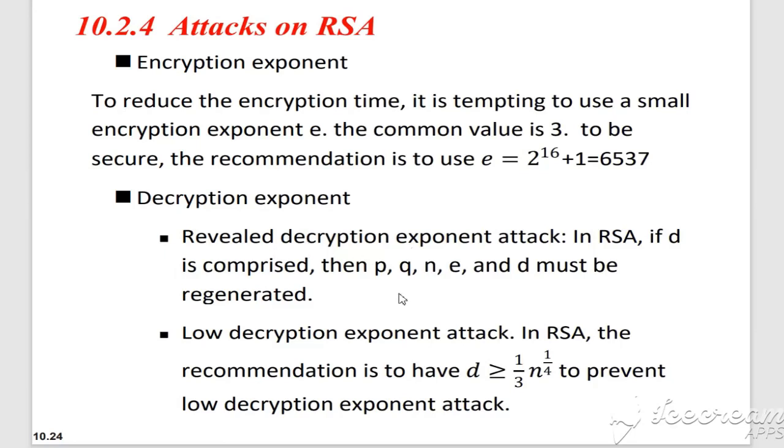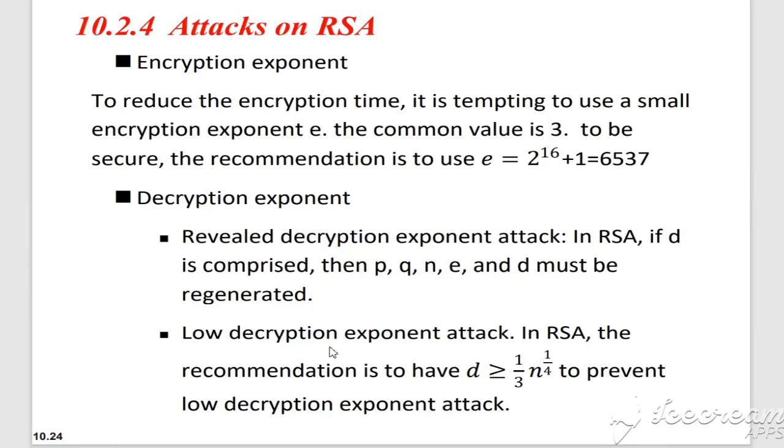The second is the low decryption exponent attack, where we use a very low decryption exponent to reduce the decryption time. As in the case of the encryption exponent, where we use a very low value to reduce the encryption time, here also we try to reduce the decryption time.